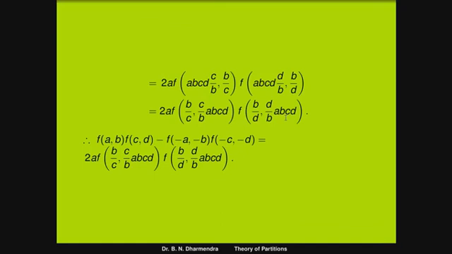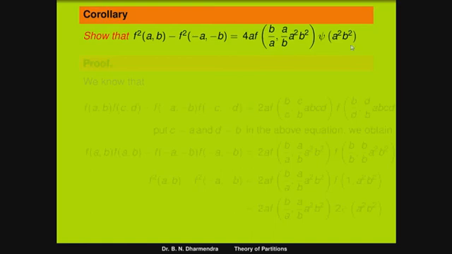Also, by using this result, we can deduce another result, the corollary: f squared of (a,b) minus f squared of (-a,-b) is equal to 4a times f(b/a, a/b) a squared b squared into psi of a squared b squared.